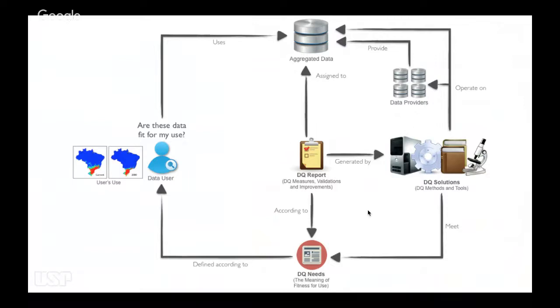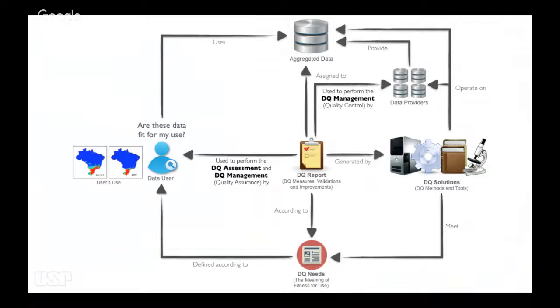So this report says this data set has this quality according to your needs. Then, with this report, the data user is able to make a data quality assessment and data quality management of this data. Also, this report can be used by the data providers to do data quality management, improving the quality of the data at the source.